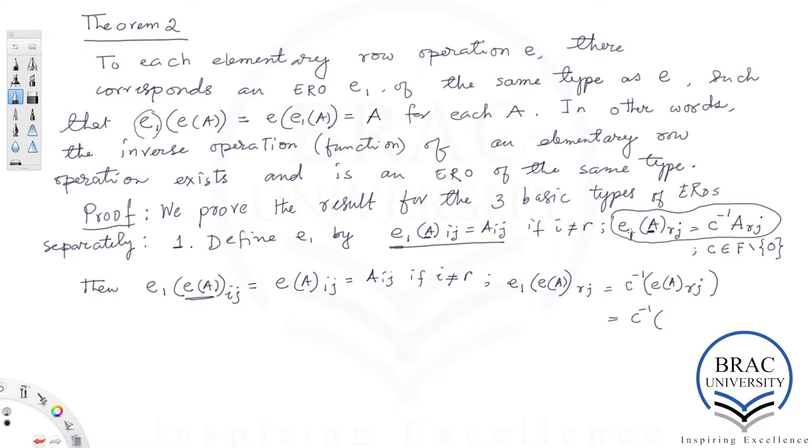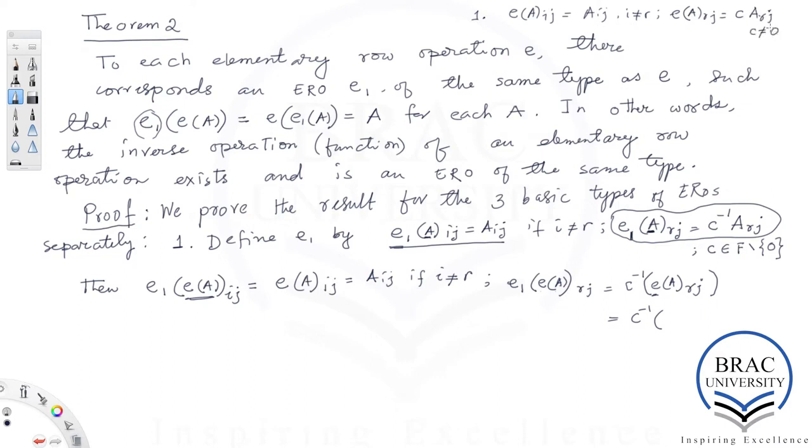This is E1. And by the definition of E, I did not write the definition of E, so remember that the first type was E of Aij is equal to Aij for I not equal to R, and E of Arj was equal to C times Arj, and C was taken to be non-zero.